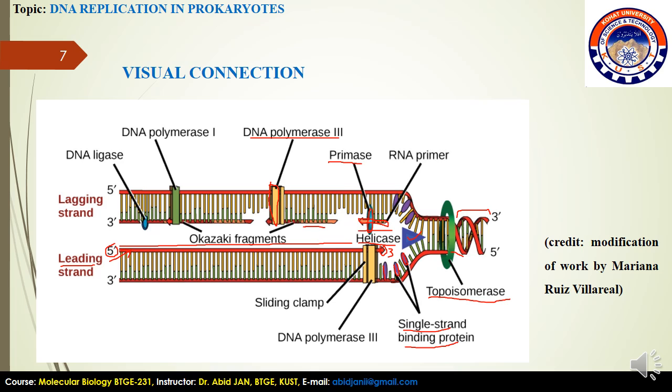This is one fragment, 5' to 3'. This is 5' to 3', and this is 5' to 3', and this is 5' to 3'. So these are short stretches. This is one stretch, this is another, this is another, and this is another.